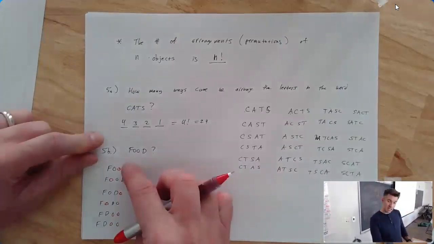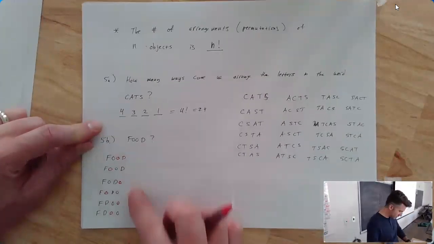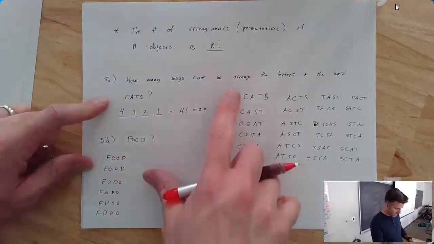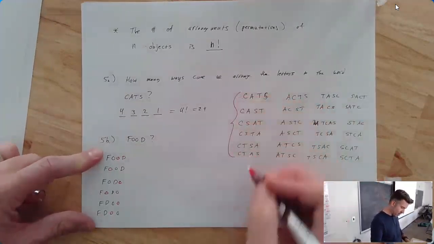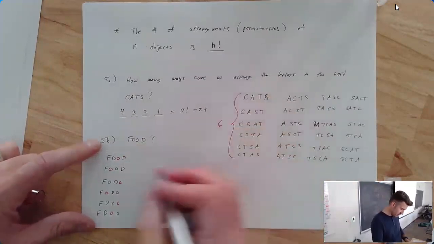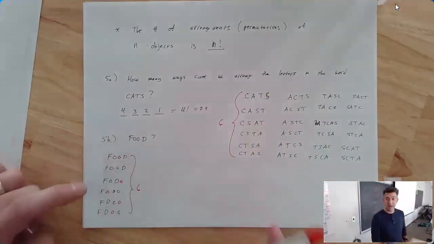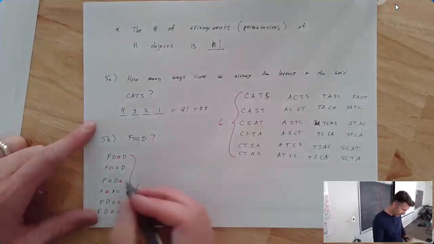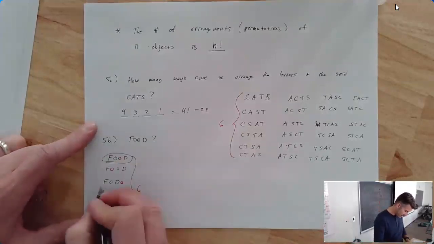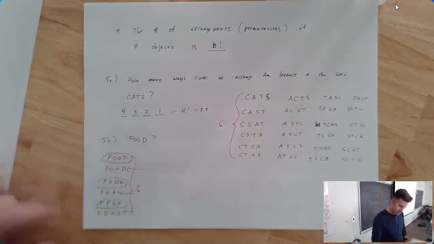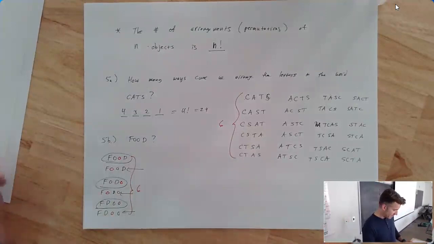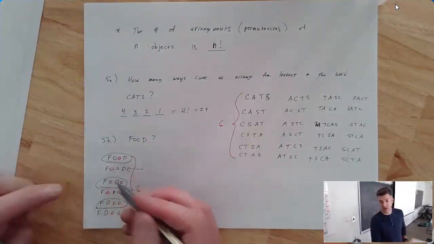Right, these 6 different combinations or permutations I have when I have the first letter being F, just like I have these 6 here when the first letter is C. Really, I only have 3 different looking things. I have this, this, and this, and these other ones are kind of repeats. And that's because these 2 O's are kind of interchangeable.